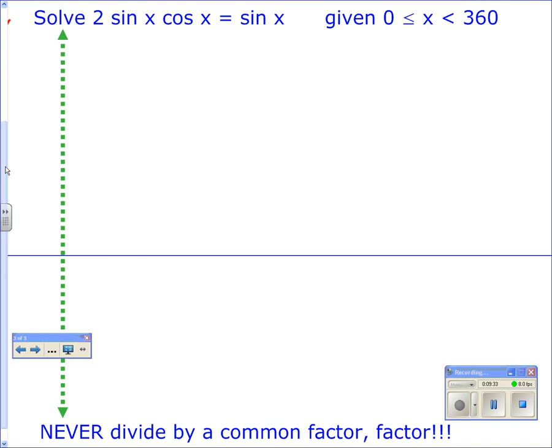So what would we need to do to be able to factor that? When you factor, you start by doing what? You want it equal to 0. Yes.